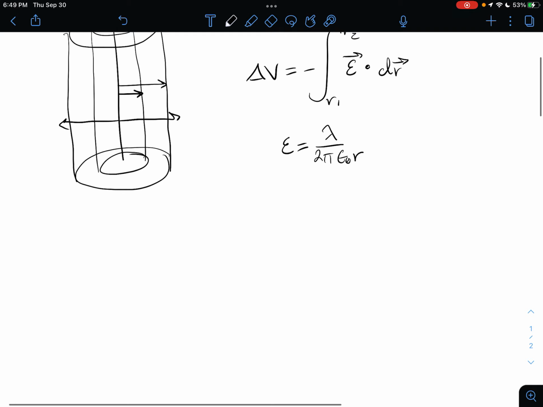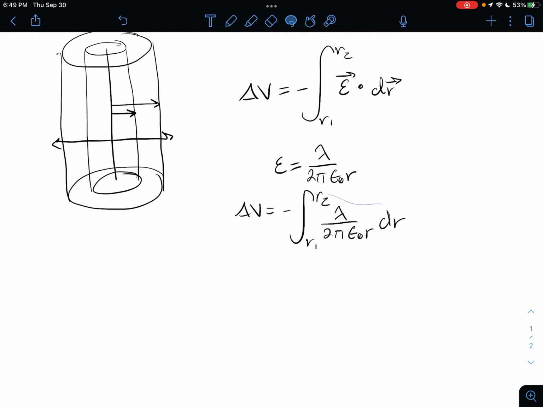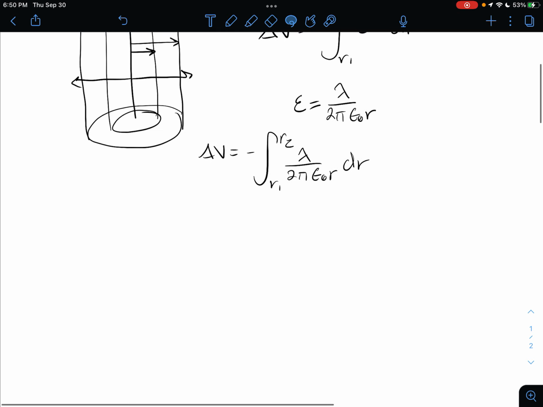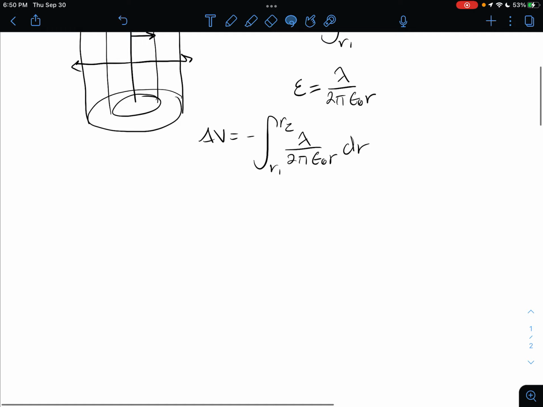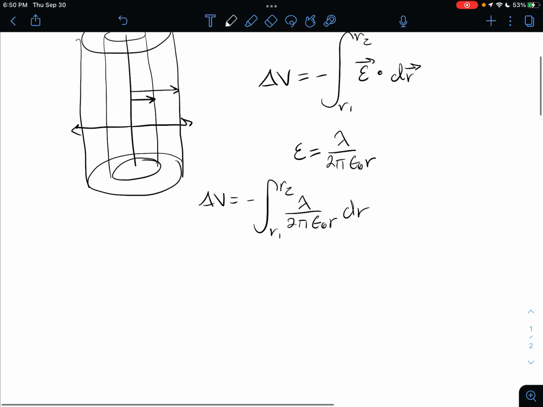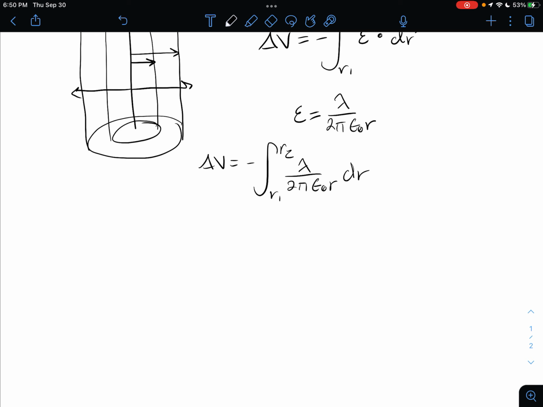So if I simplify that, our delta V equals negative integral from R1 to R2 of lambda over 2 pi epsilon naught r dr. And that's the equation that we're going to be using for the rest of this now. So obviously this is just going to spit out our answer once we plug everything in and solve it all out. But we got to plug in things the right way. Our R1, the radius that we're starting at, is 1 centimeter, but we're keeping everything in meters to keep consistent units.